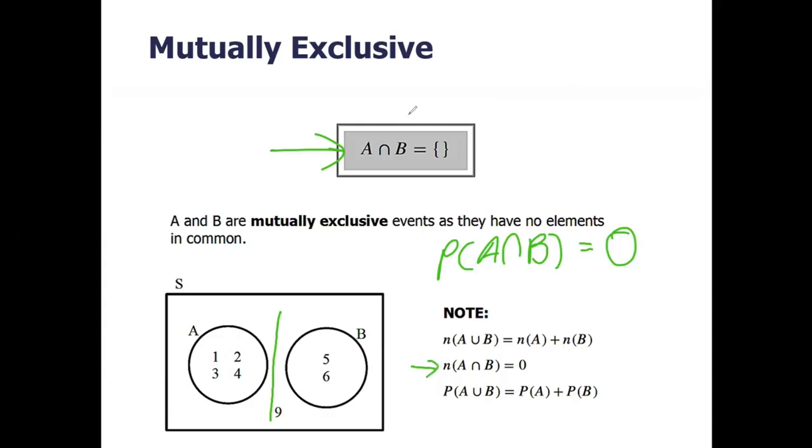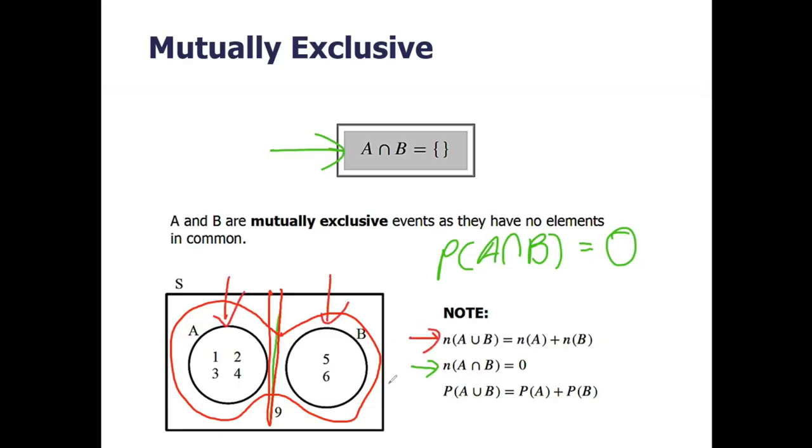But for the OR, this is what's nice. The OR, again, should be this. Because there's no intersection between the two, there's no chance of doubling something which is common between the two. You can just add A and B together.